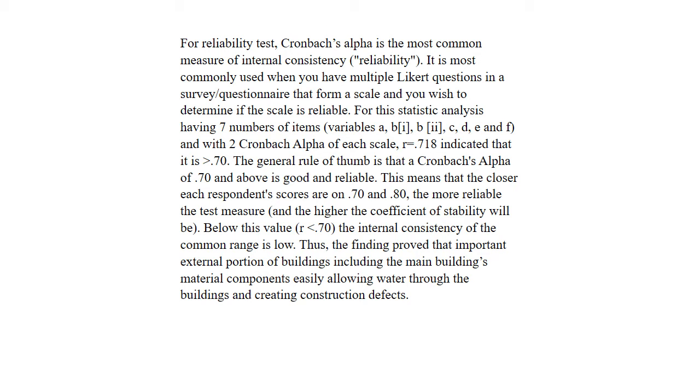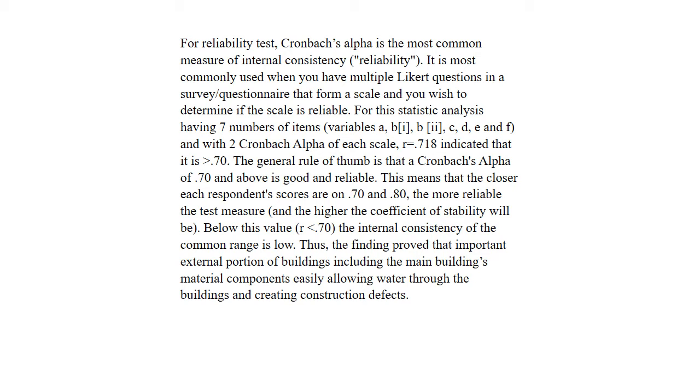For this test, Cronbach's alpha is the most common measure to use. Cronbach's alpha is the reliability test most commonly used when you have multiple Likert scale questions. So for the statistical analysis having 7 items, the alpha equals 0.718.